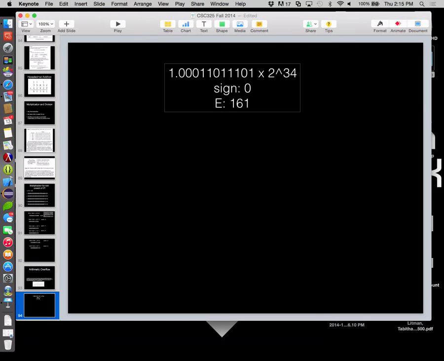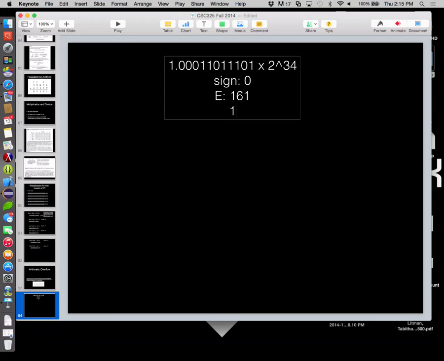That's 128 plus 32, at which point we're at 160. So 32, 16, 8, 4, 2, 1. That's 1, 0, 1, 0, 0, 0, 0, 1. Is that 161 in binary?